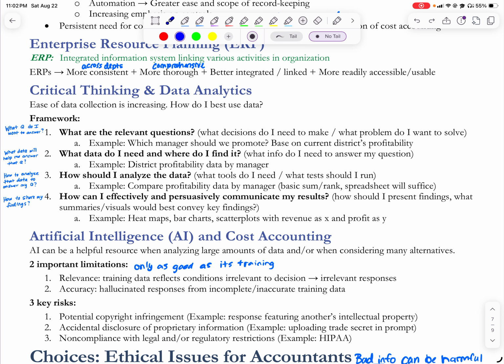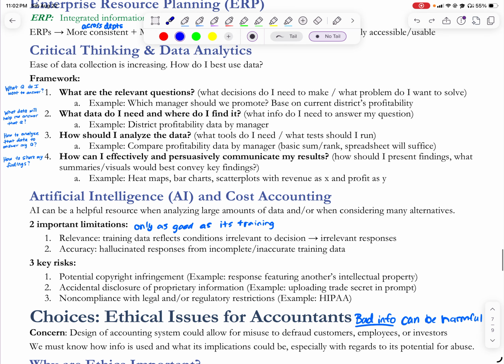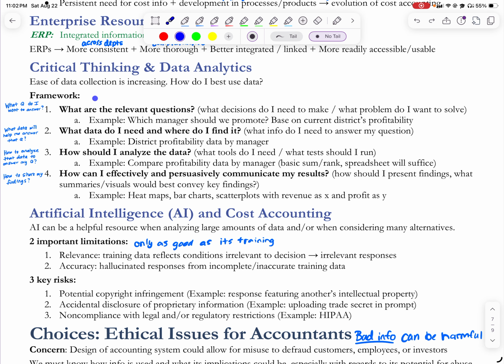When we're trying to employ data analytics to make sense of a large quantity of data, we have this framework to guide us to best make use of it. So the first thing you want to do is understand what you're trying to do. What question do you want to answer?